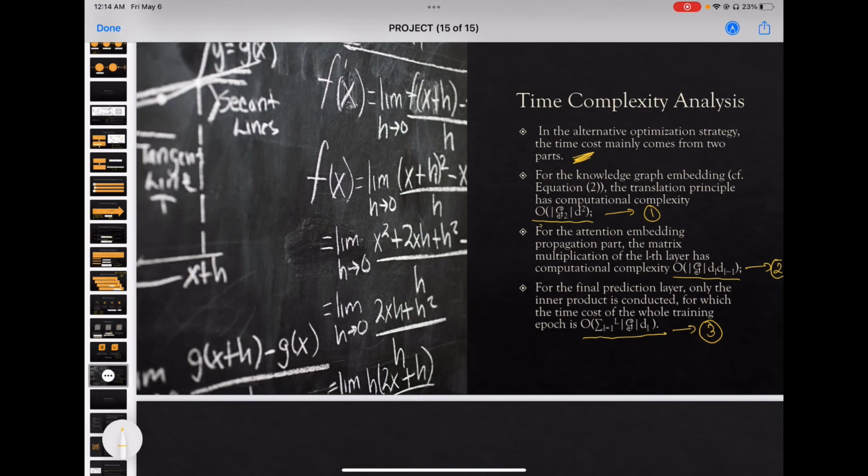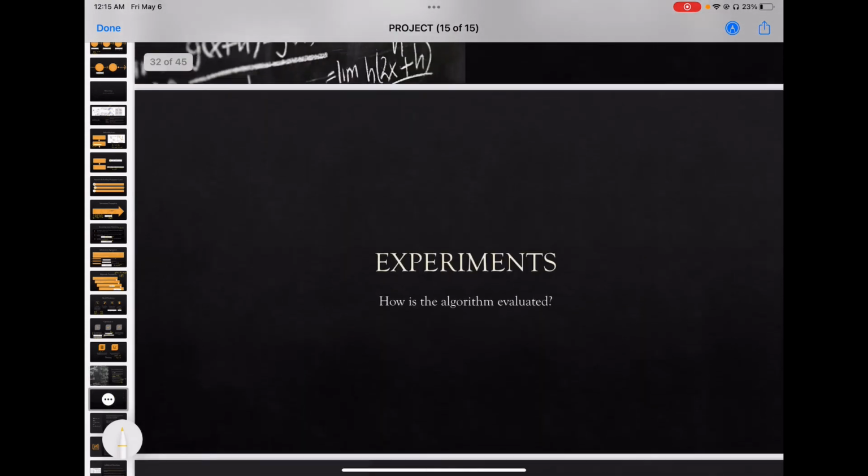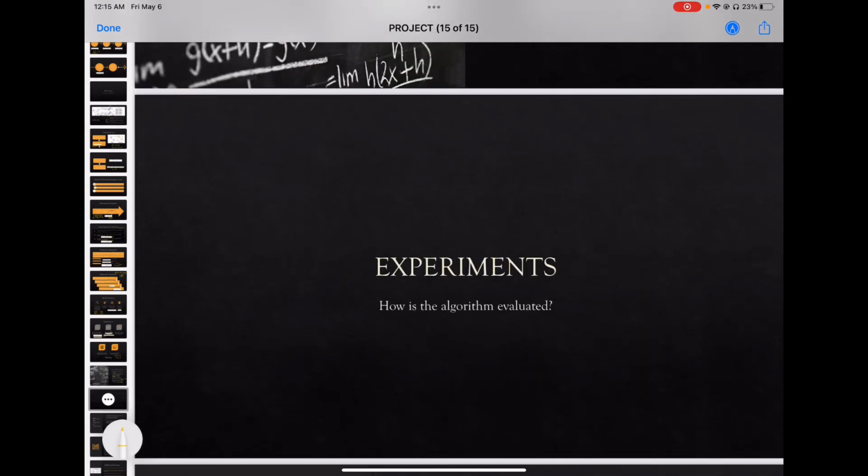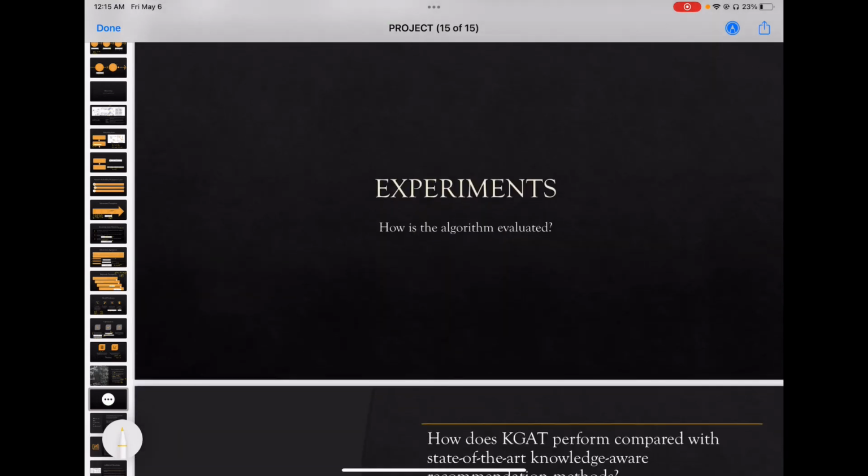The next thing we see are the different experiments that are conducted to evaluate the algorithm.